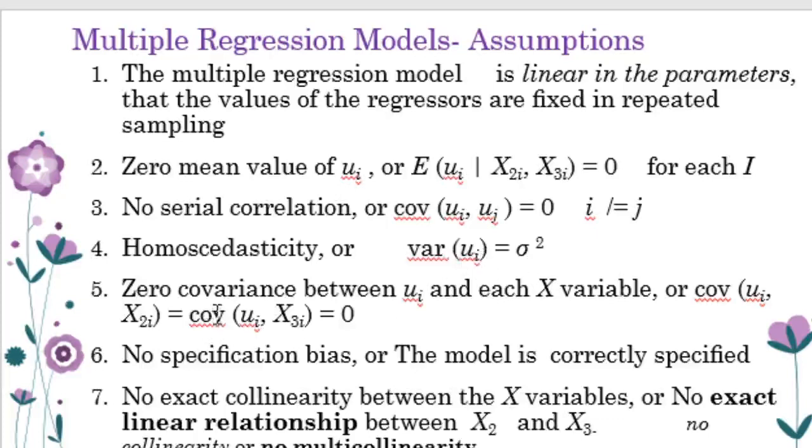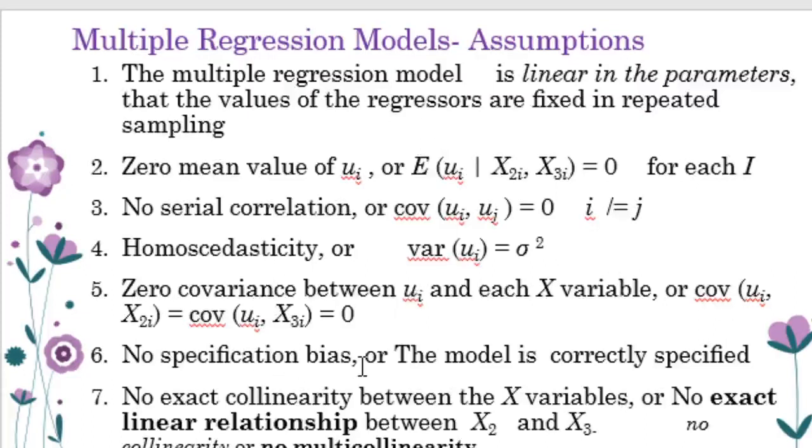And the fifth assumption is zero covariance between ui and each x variable, or covariance of ui, x2i and ui, x3i equal to 0. That is, no covariance between the error term and the explanatory variables. There will be more than one explanatory variable, therefore covariance of ui comma x2i equal to 0, covariance of ui x3i equal to 0. This is the fifth assumption.